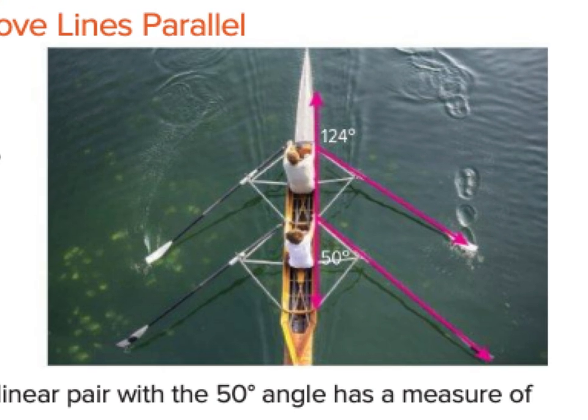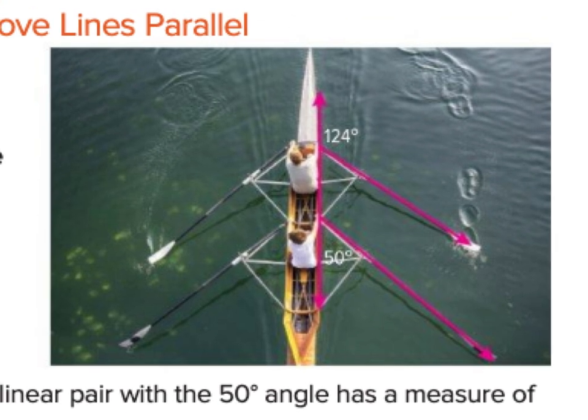Well, if I look at this, I can see that I got 124 here, and if I have this straight line, and then I have a linear pair here, this angle here should be 180 degrees minus 124, which would make that equal to 56 degrees.